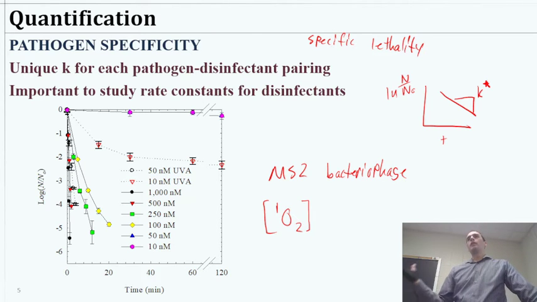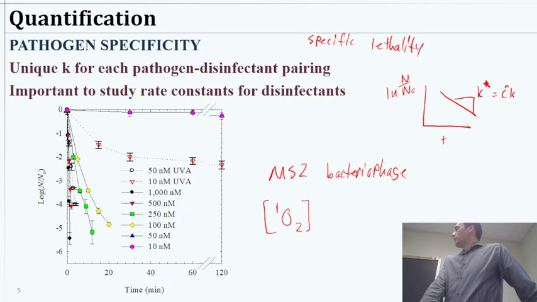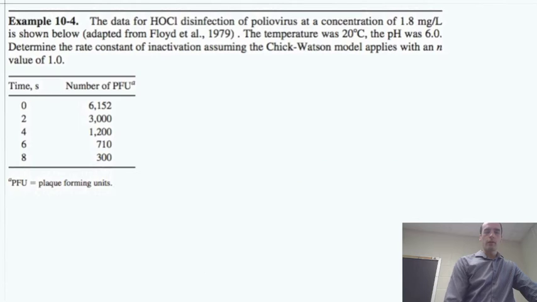And then given that you know how much concentration of a disinfectant you put in, you can find the coefficient of specific lethality, right? Okay, so that's just tying it in a little bit to some research topics.